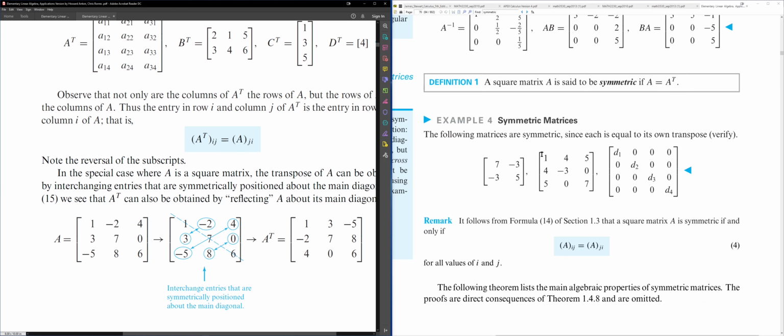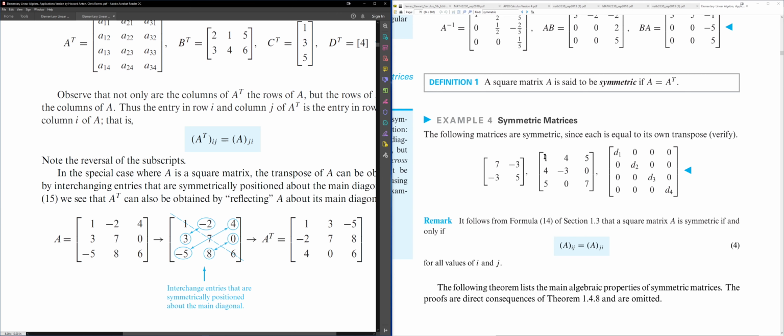On the other hand, consider the second matrix, the one in the middle. I take this as my matrix A and form the transpose by reflecting in the diagonal, which stays the same.